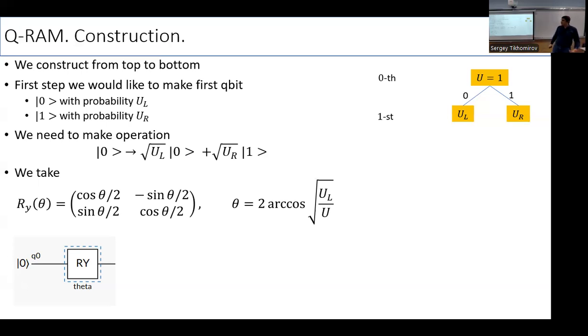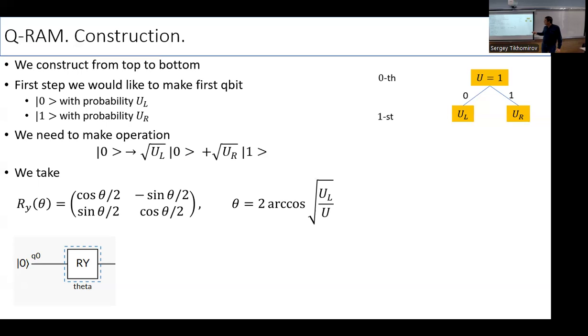We can choose our favorite operation which does this, and there is a universal way to do it for any values, which is to make a rotation Y. We can calculate the angle, and I did the homework.